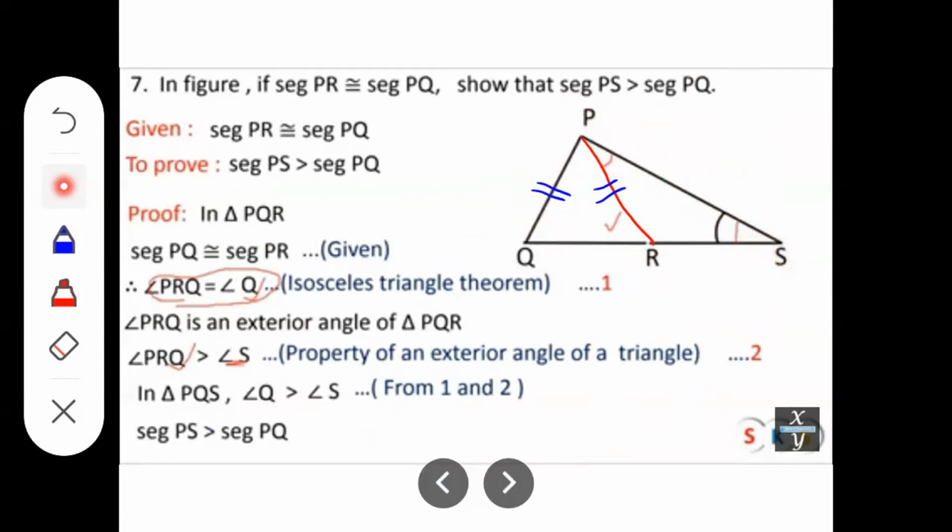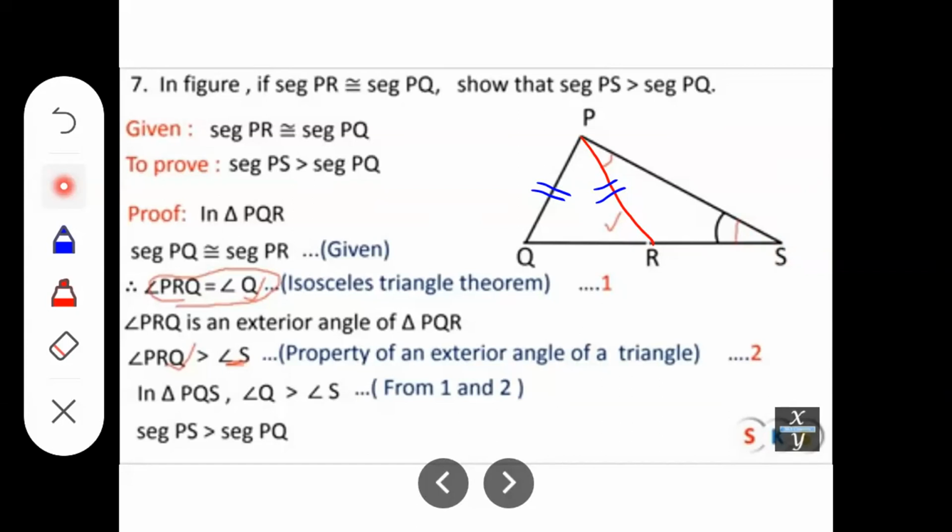The triangle is PQR, and we have to show the segment PS is greater than PQ. So if it is possible to decide which angle is greater and which one is smaller, then in that way we can write which segment is greater and which is smaller.